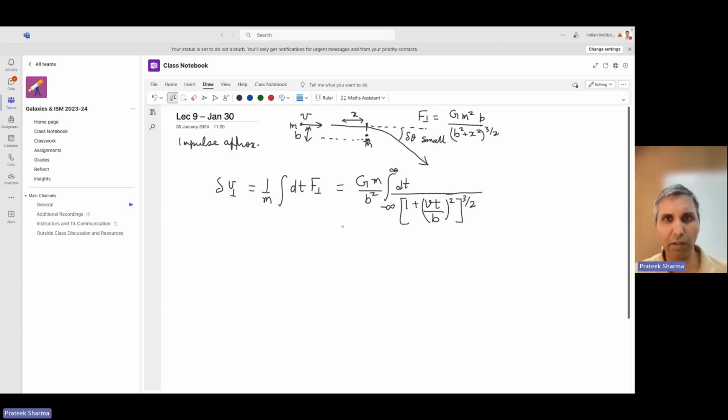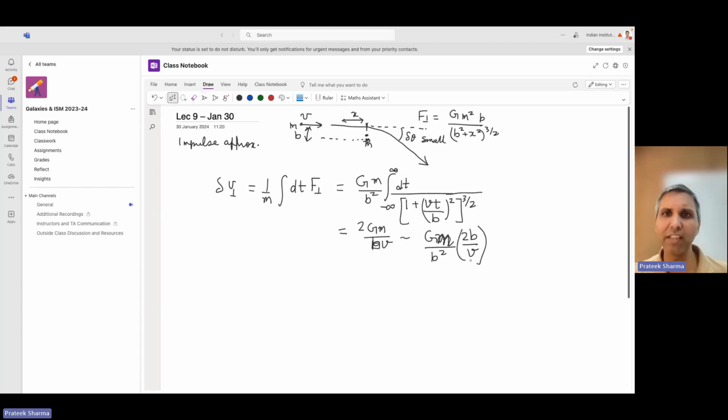If you do that, what you get is twice G, and this is for a fixed impact parameter b, so b is constant. This is G M by b squared, which is also the same as G M by b squared, this is all small m, times twice b by V.